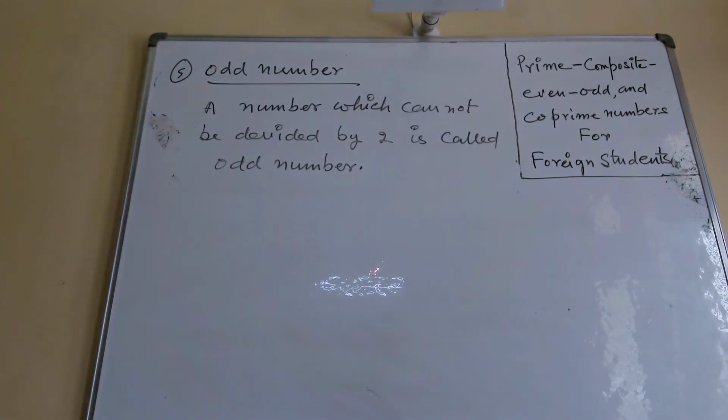So my dear students, the definition of odd number is: a number which cannot be divided by 2 is called odd numbers.